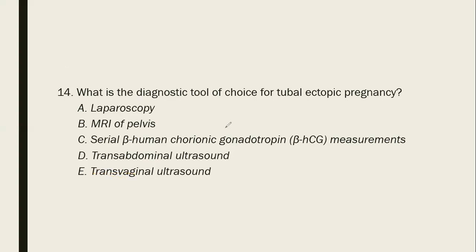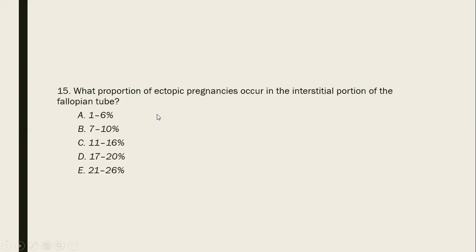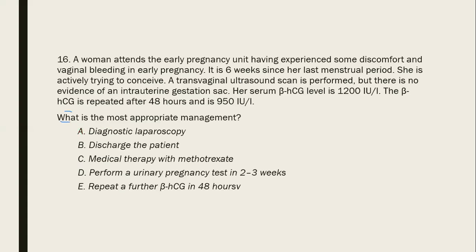Okay, it is transvaginal ultrasound. What is the proportion of ectopic pregnancies that occur in the interstitial portion of the fallopian tube? And please remind me to give you these figures because I didn't include them in the lecture. Yes, everyone is saying 2%. Yes, you are right.